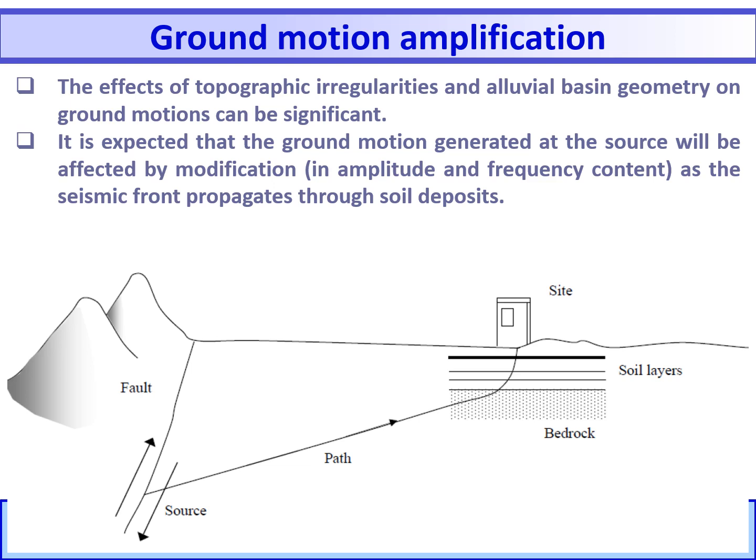The modifications to the incoming bedrock motions are dependent on several factors, such as the amplitude of shaking, the frequency of vibration, the properties of the soil, such as their modulus and damping, the geometry, depth and stratification of the soils, as well as the water level and the possibility of liquefaction.